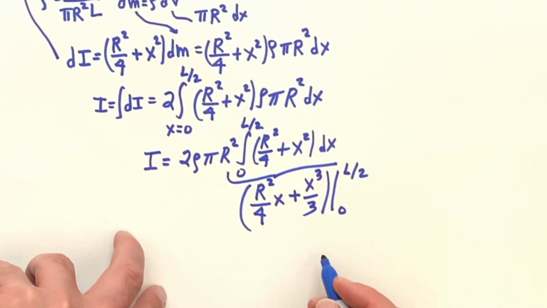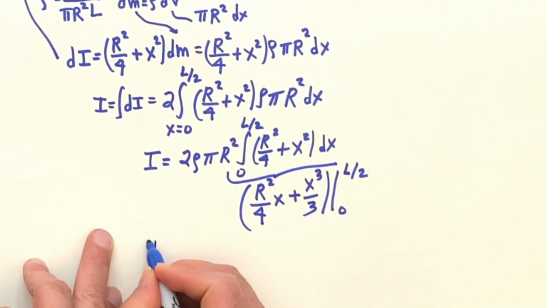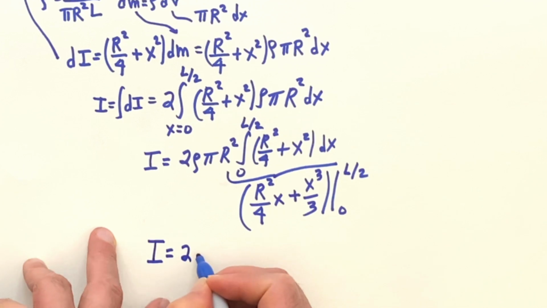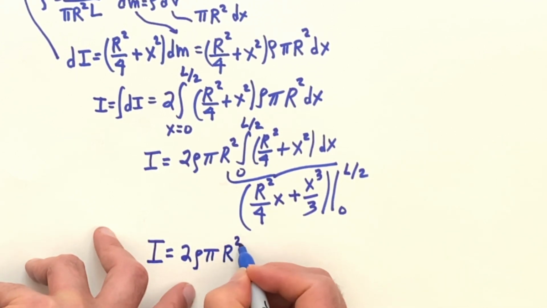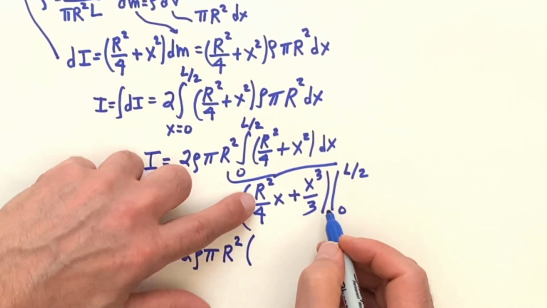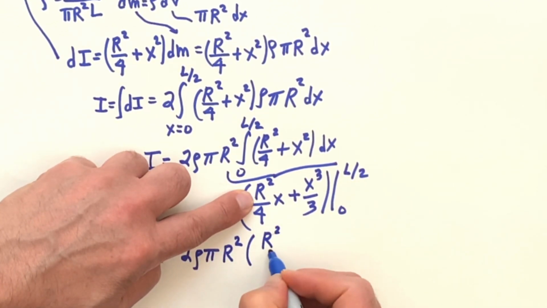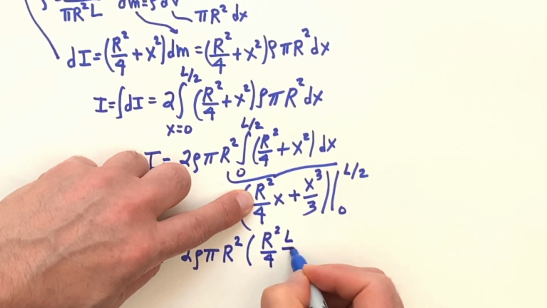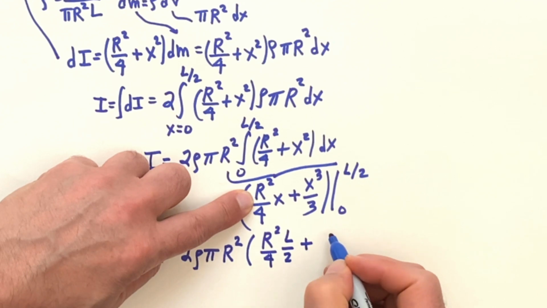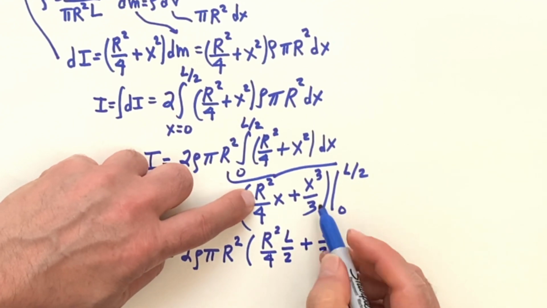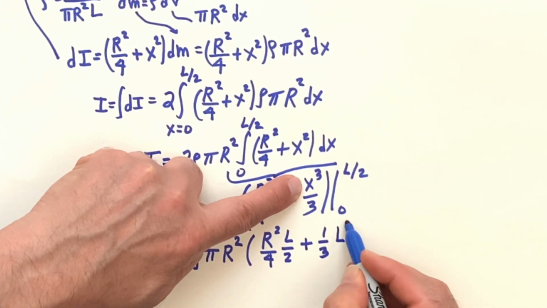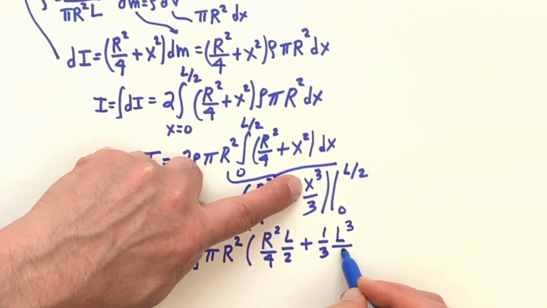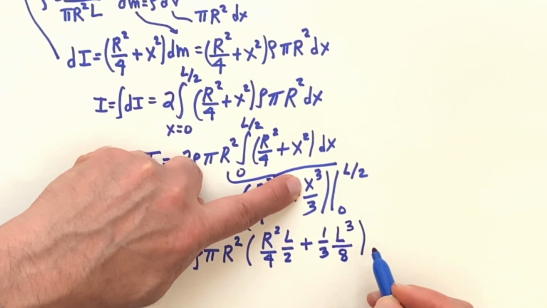So that's going to give us I is 2 rho pi times R squared, times R squared over 4 times L over 2, plus 1/3 times L over 2 quantity cubed, which will be L cubed over 2 cubed, which is 8.